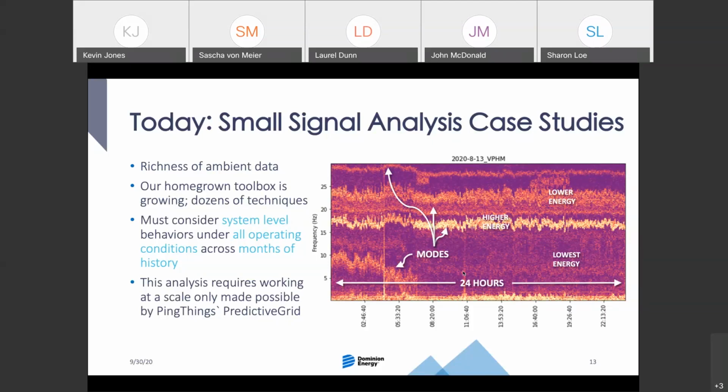And so you can see here, bright areas represent modes of oscillation, brightness represents energy level, and then of course time is on the X and frequency is on the Y. And so we look at these things a lot.